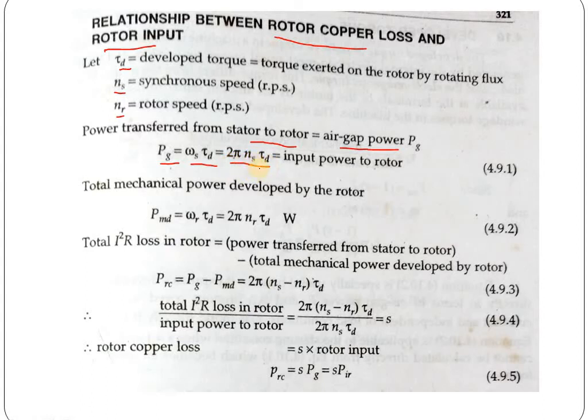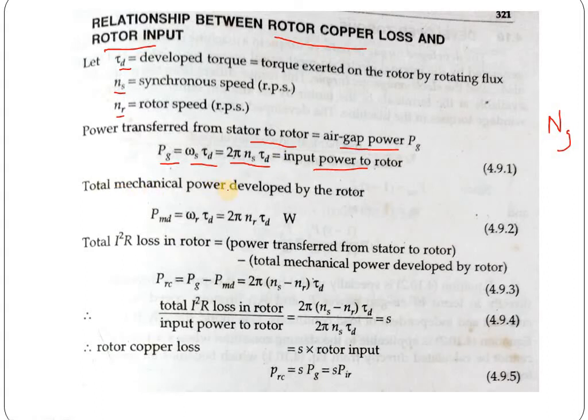This small ns indicates speed in revolutions per second, rps. When represented by capital Ns, it means revolutions per minute, rpm. So the input power to rotor is PG equals 2 pi ns into tau d.